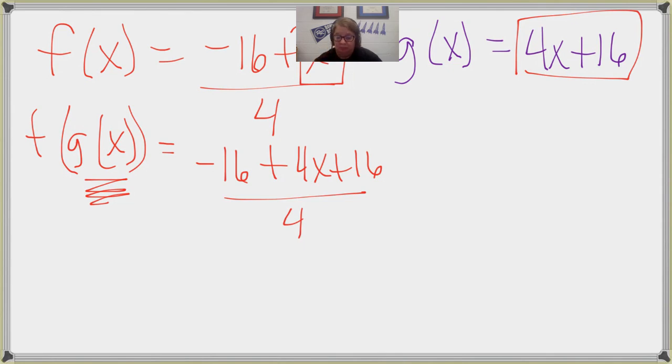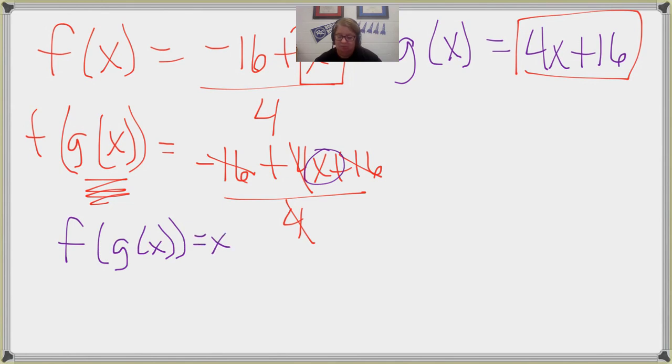Follow? Okay, this 4x plus 16 is from g of x. Now look at the top part of this fraction. What happens to a minus 16 and a plus 16? You're right, they cancel. What about 4x divided by 4? The 4's cancel. What's left? What's left is x.